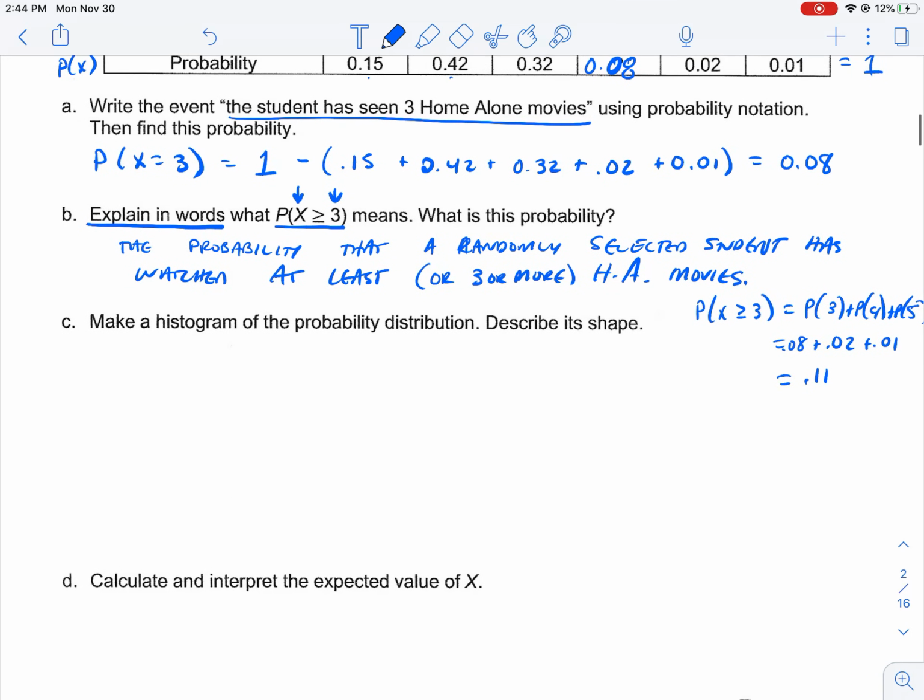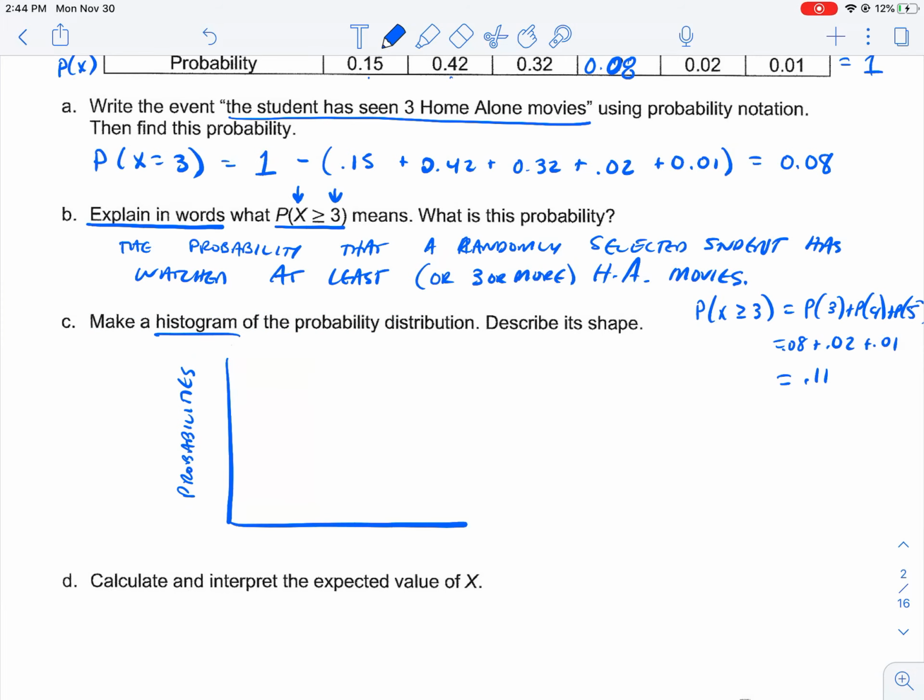Let's make a histogram of this probability distribution. Up the side here is going to go our probabilities. I'm actually going to move this over just a little bit, give myself some space.